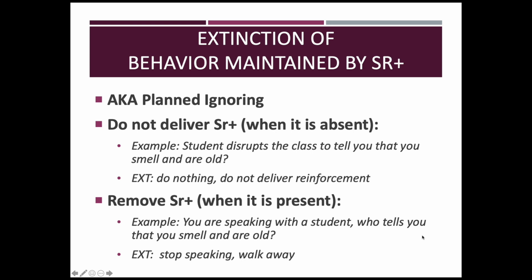However, there could be other instances where you are delivering the reinforcer. Say you're speaking with that student, and then they tell you that you smell and that you're old. How would you implement extinction? Well, you'd probably stop speaking and walk away. So you're withdrawing the reinforcement at that point, right? So these are things that we have to consider procedurally, what's going to happen.